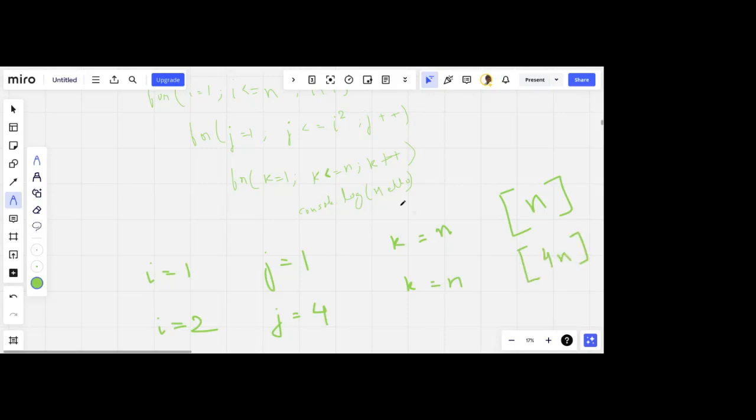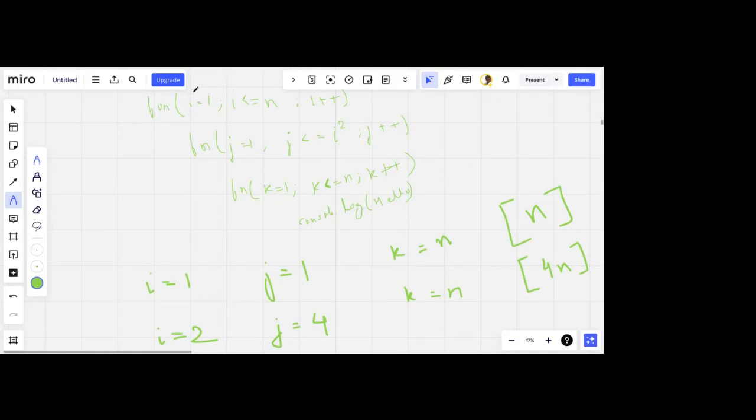When i is equal to 2, this will be j equal to 1, j less than equal to 4, j plus plus. So when j equal to 1, let's say n is equal to 100, this will run 100 times. J equal to 2, 100 times. J equal to 3, 100 times. J equal to 4, 100 times. So 4n, right? Clear?